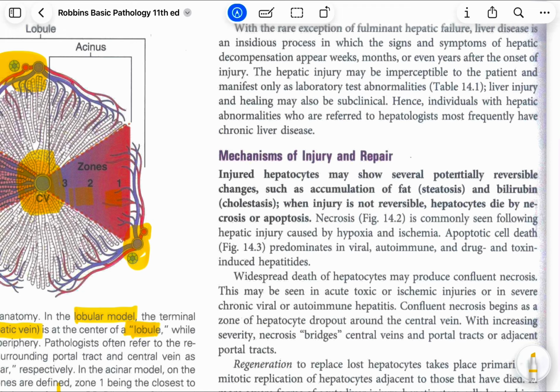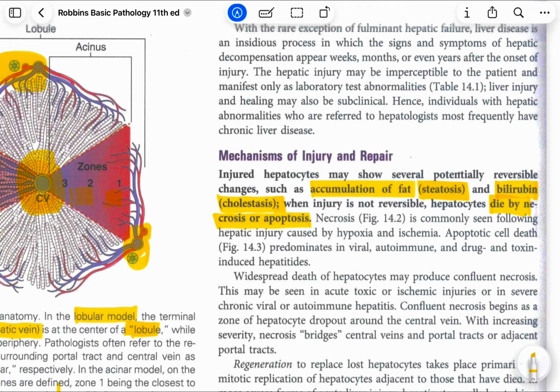So initially there will be reversible changes which can be reversed after the removal of the injury, such as accumulation of fat, which is known as steatosis, and bilirubin, which is known as cholestasis. When injury is not reversible, then these hepatocytes die by necrosis or apoptosis by irreversible cell injury.